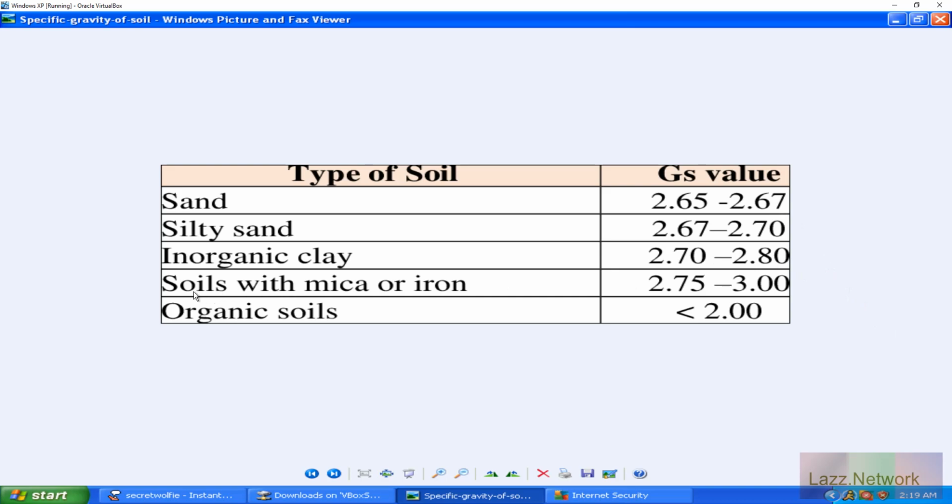Okay, so we got soils with mica or iron. That's usually 2.75 to 3.00, which, if you think about it, mica and iron are minerals. Minerals usually have a heavier density. So you can almost think of this as if it's rocks or aggregate, which typically have a range between here and here.